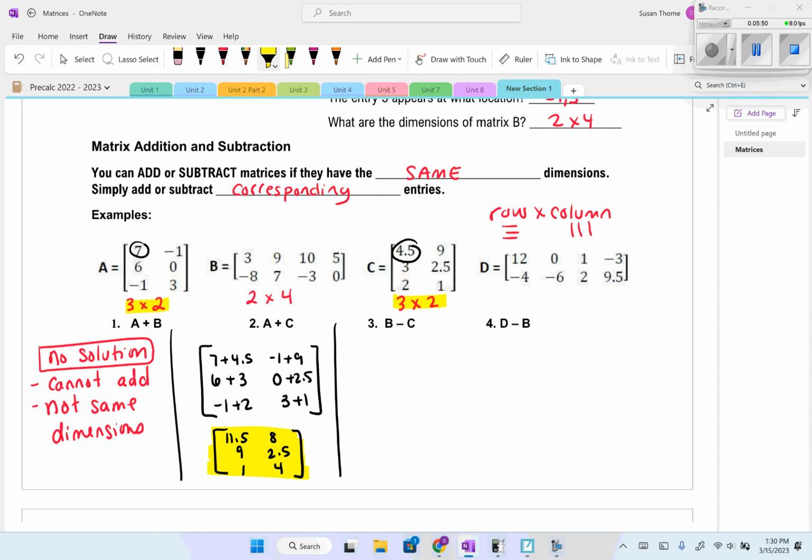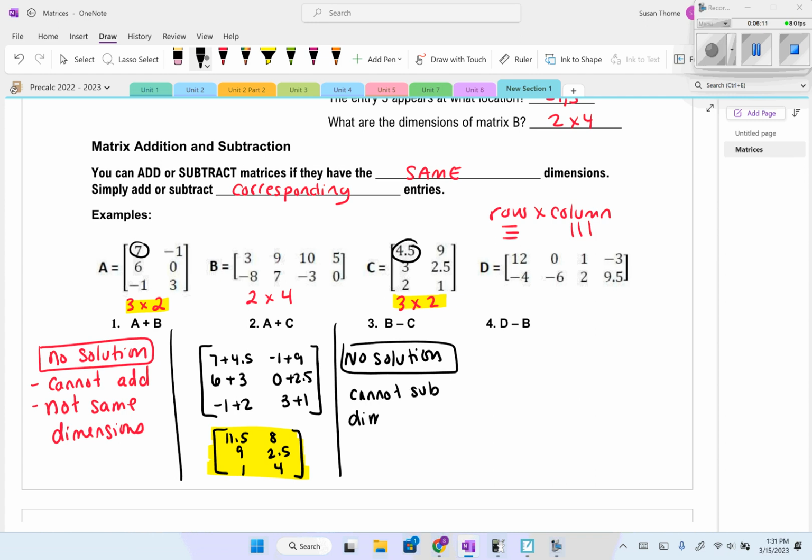Now we have matrix B minus matrix C. So matrix B is a 2 by 4 and matrix C is a 3 by 2. So we cannot subtract these. So this is no solution. Cannot subtract.